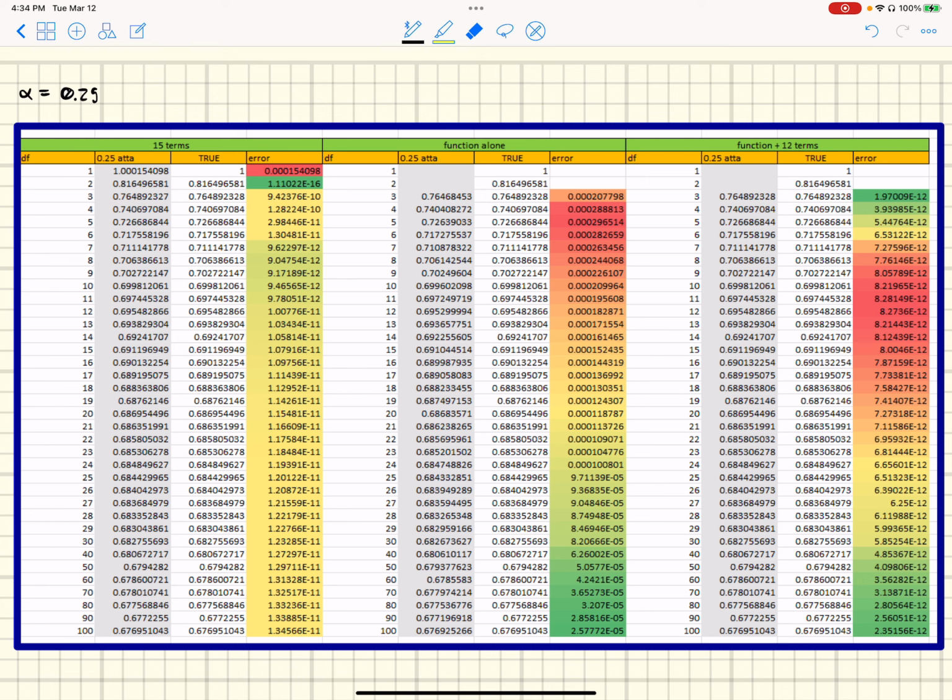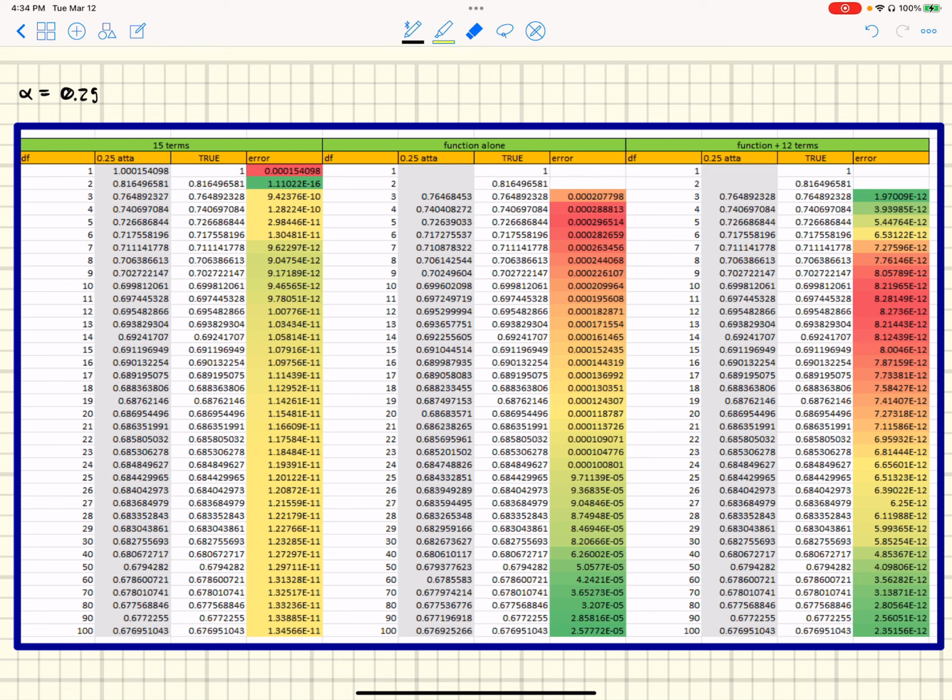The function alone, just adding the A function and that B function that we derived, nominally, even for low values of the degrees of freedom, is going to give you precision into the fourth decimal place.